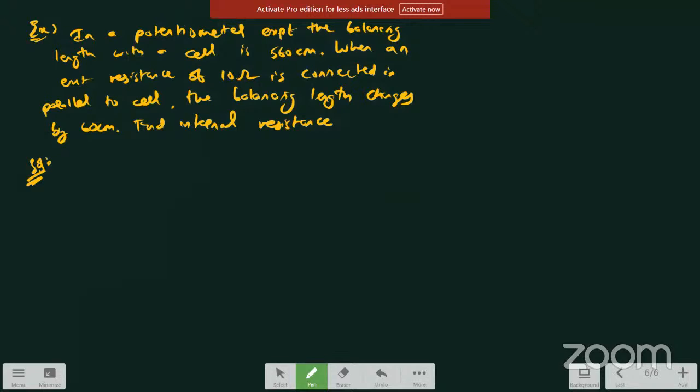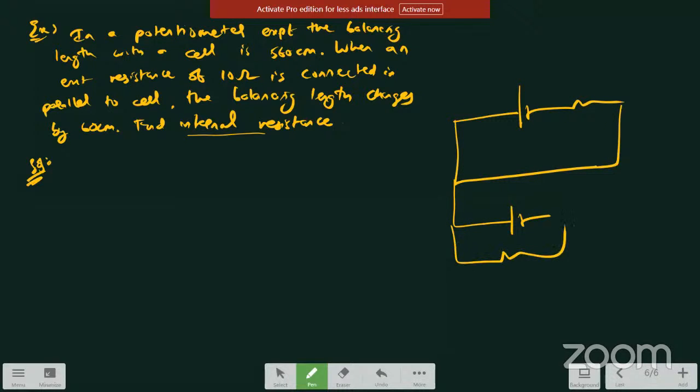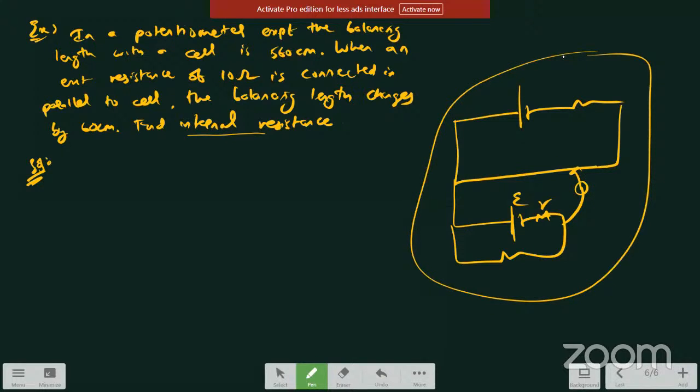So how do we find internal resistance? For that, what is the formula available? r is equal to (L1 minus L2) by L2 into R. If you remember the circuit which we use here, this has to be memorized.